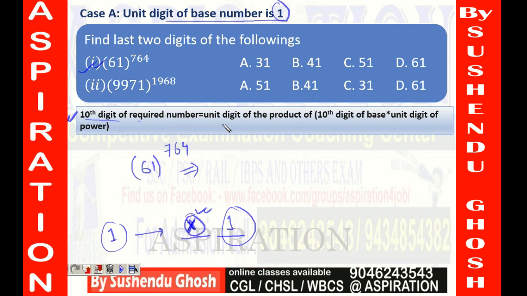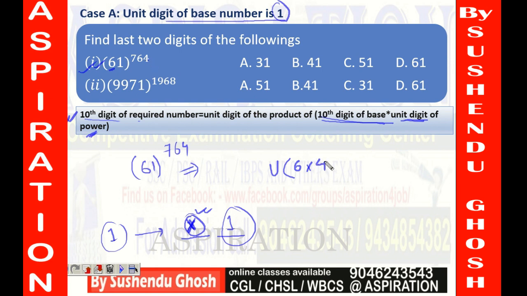The tenth digit of the required number will always be equal to the unit digit of the product of the tenth digit of the base number multiplied by the unit digit of the power. Now what is the tenth digit of the base number? That is 6. And what is the unit digit of the power?